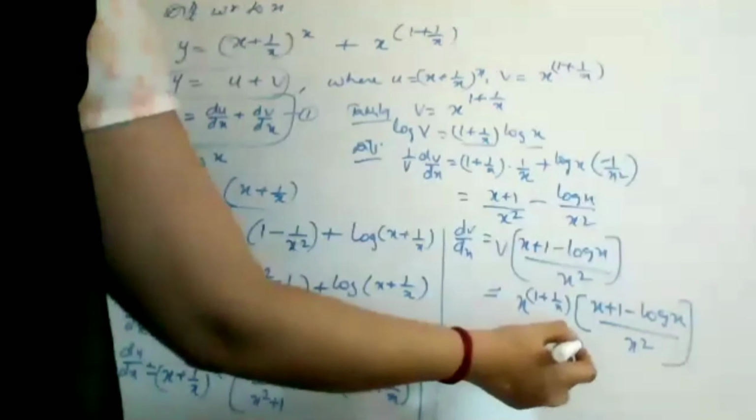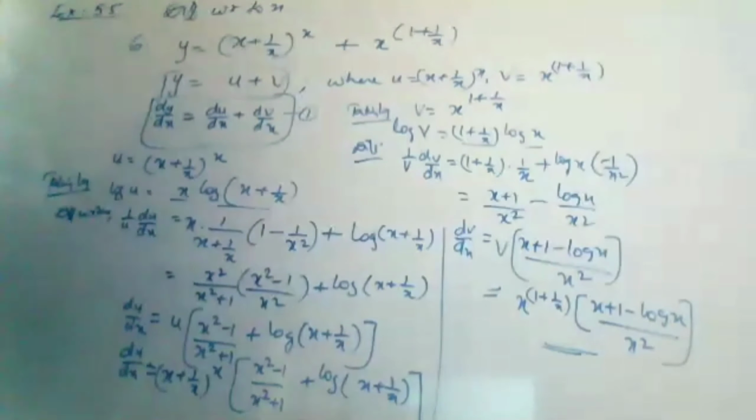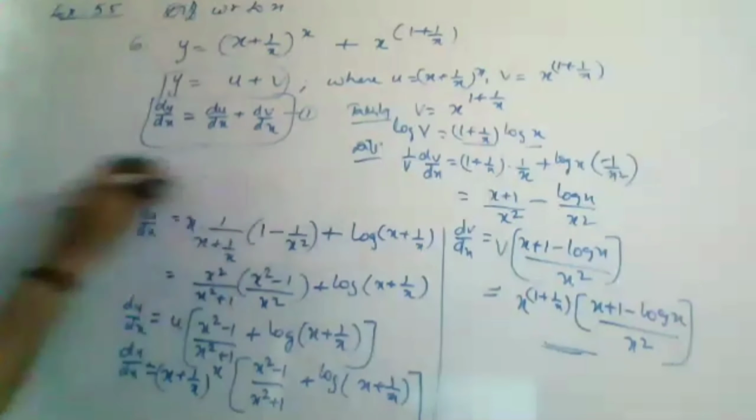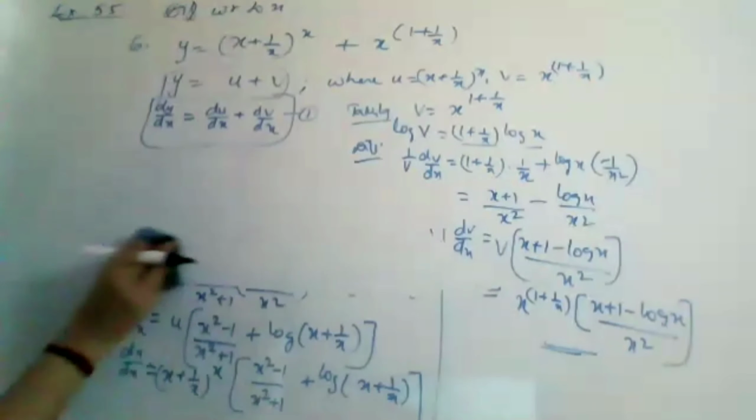Okay. Now you have to just add the two and write here. Last step is you have to substitute in your equation number 1. I need only the derivative of u here.